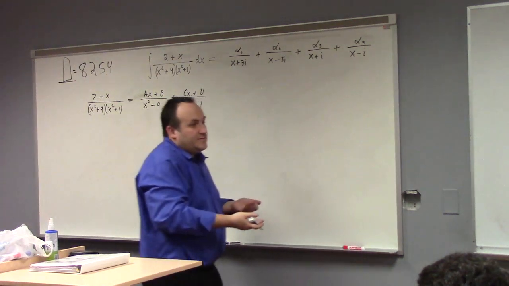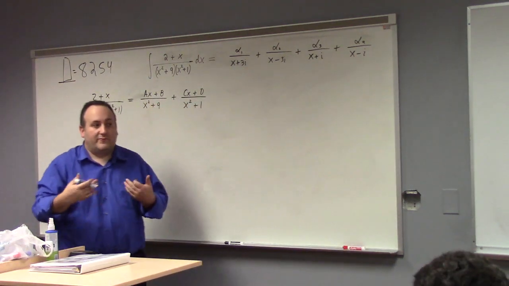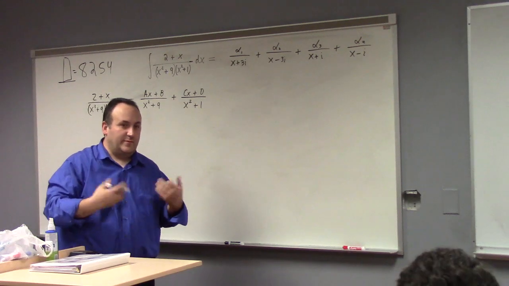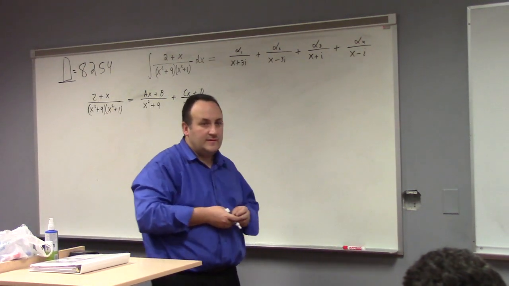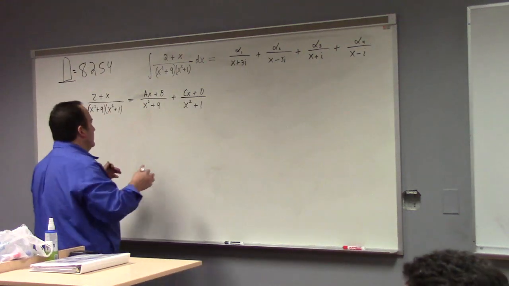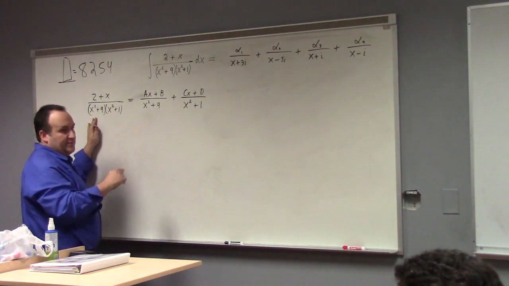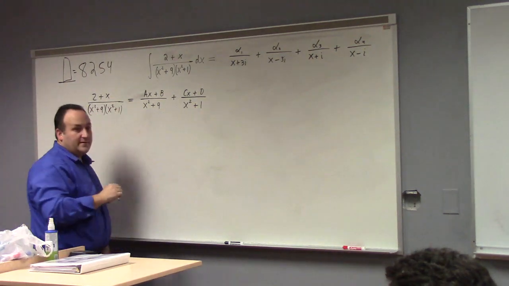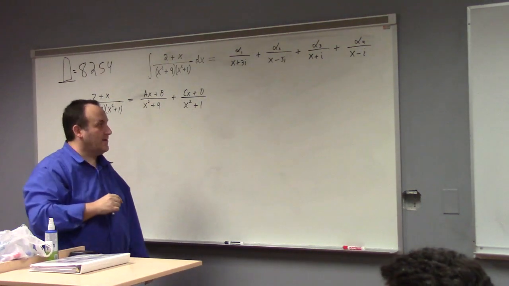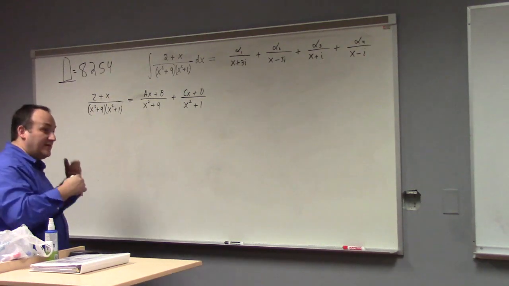That algebra is true, and these alpha 1, alpha 2, alpha 3, alpha 4 would be complex, and then we wouldn't know how to integrate those things. So it doesn't serve our purposes, even though it's true. So for that reason, if it's prime, like x squared plus 9 and x squared plus 1 are, then this is the partial fractions decomposition, right? Because we're interested in integration, right?